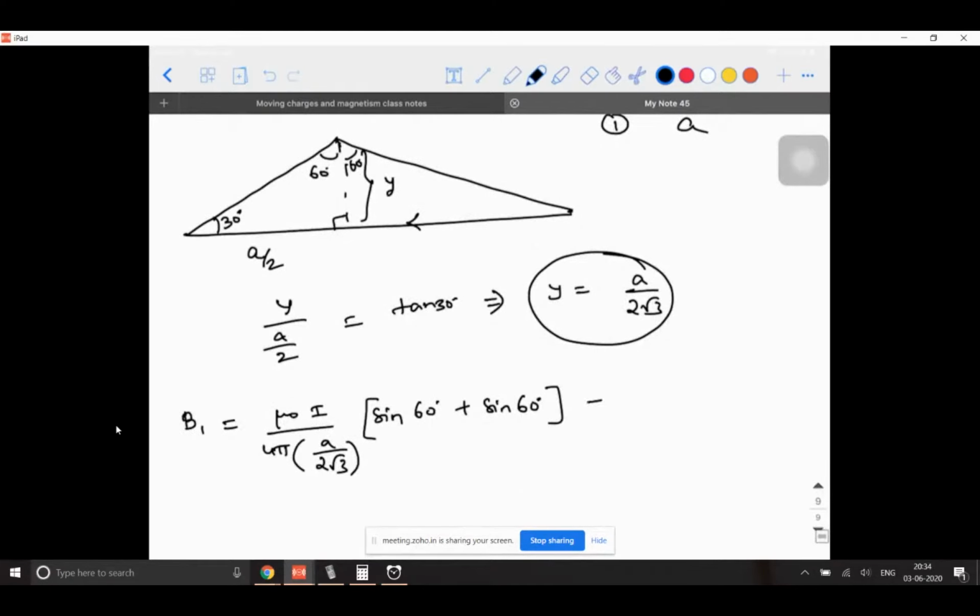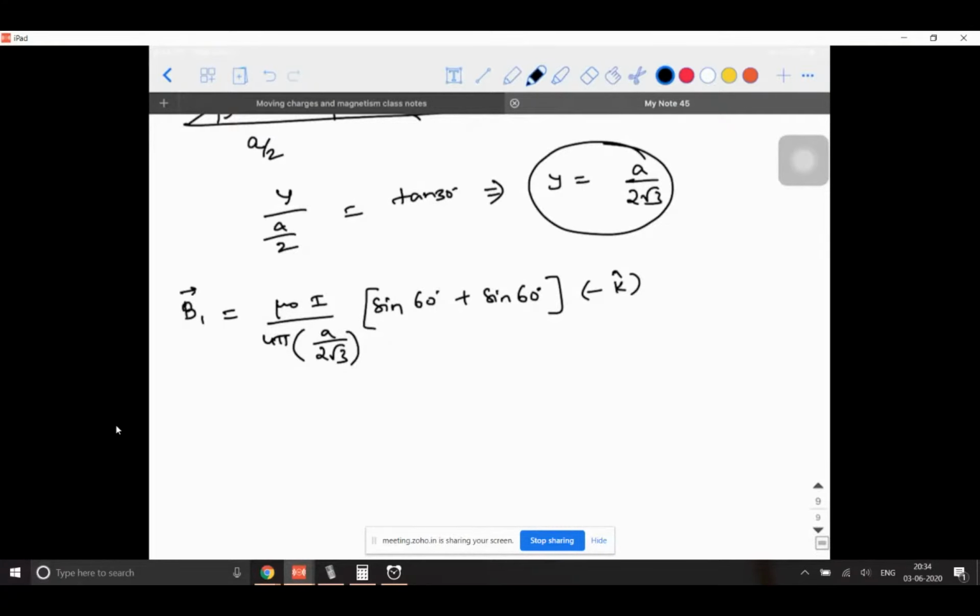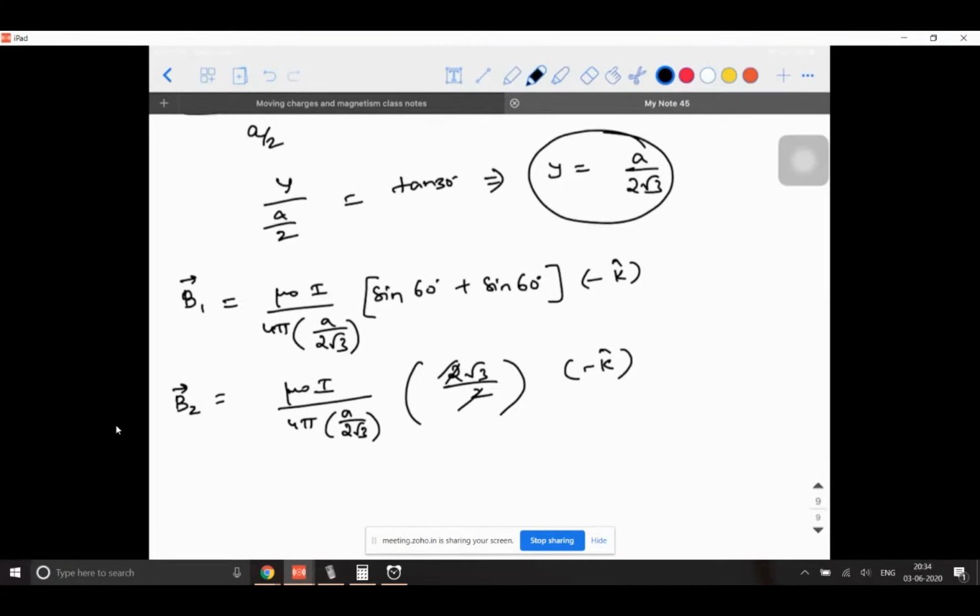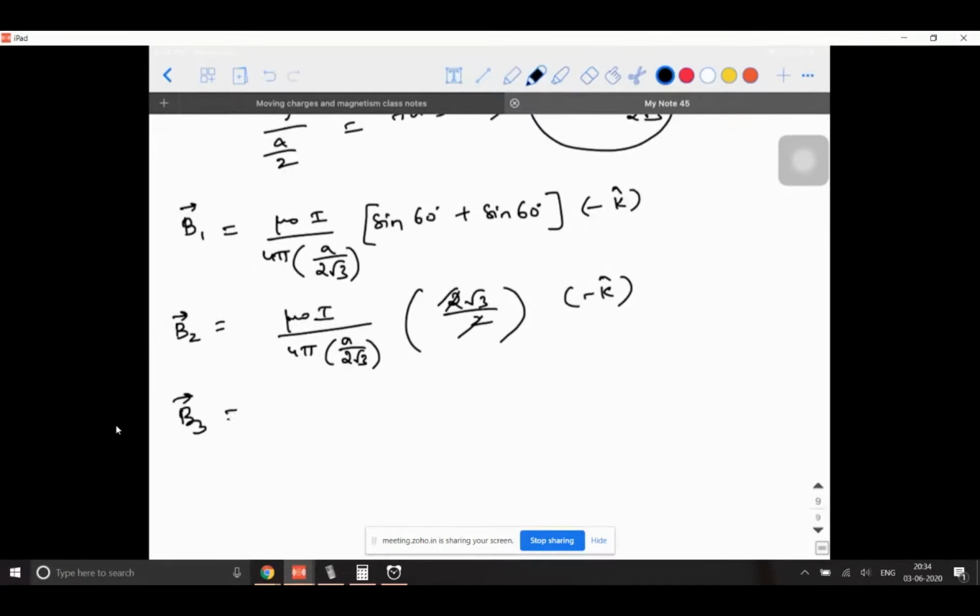So this is the B1 vector. Similarly, what will be the value of B2 vector? From the symmetry, it is going to be mu naught I divided by 4 pi into a by 2 root 3 into sine 60 plus sine 60, which is 2 root 3 divided by 2, that is root 3, in the direction of minus k cap. And B3 vector will also be the same thing, mu naught I divided by 4 pi into a divided by 2 root 3 into root 3 in the direction of minus k cap.